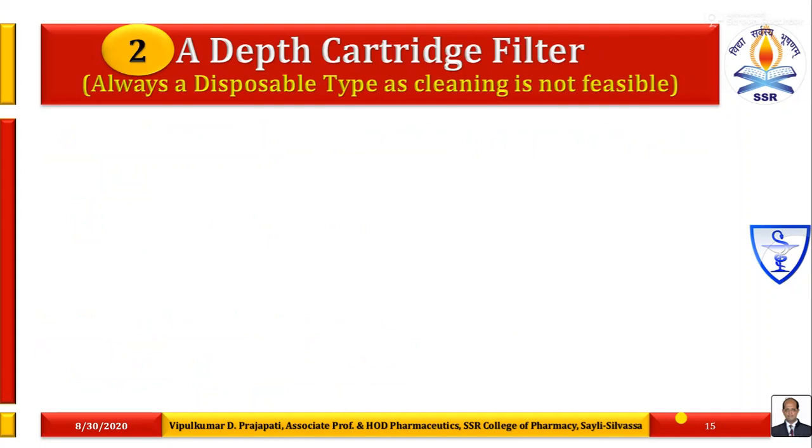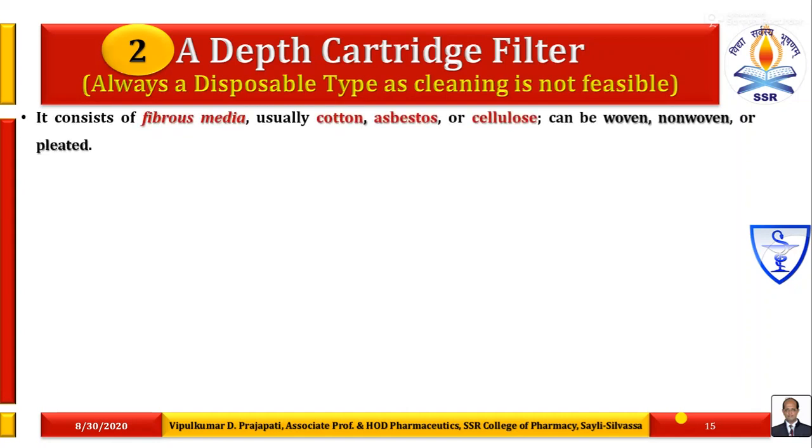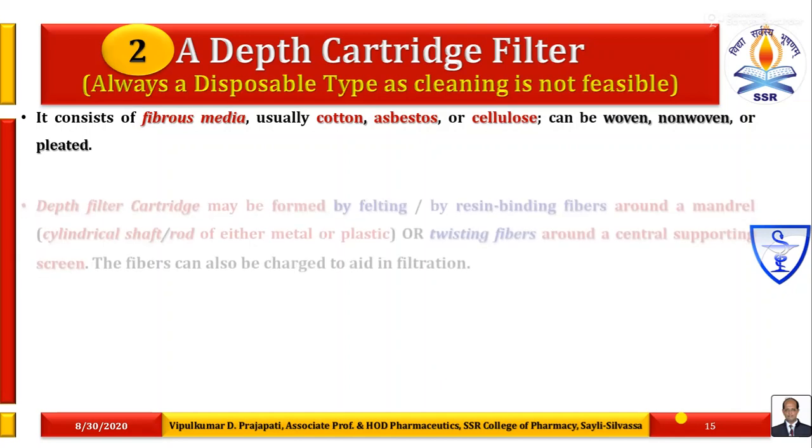Now a depth cartridge filter. A depth cartridge filter is always a disposable type as cleaning is not feasible. It consists of fibrous media, usually cotton, asbestos or cellulose, and can be woven, non-woven or pleated.